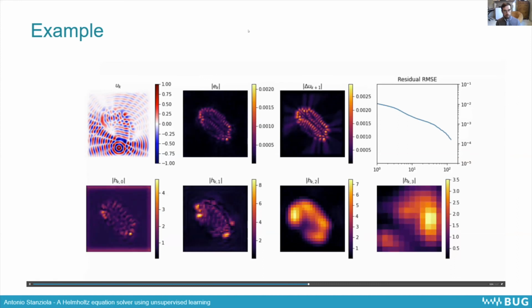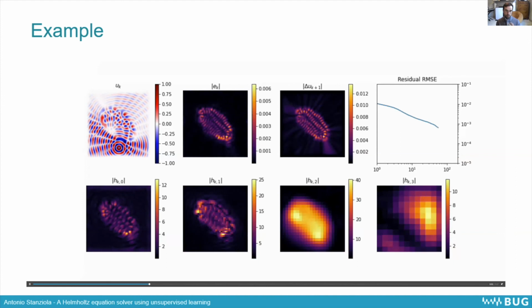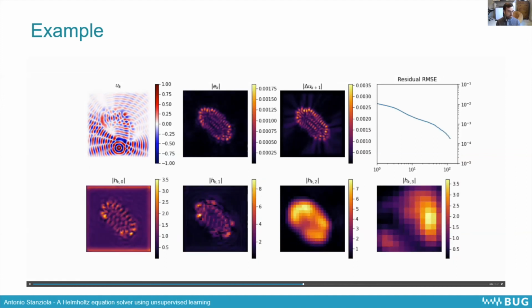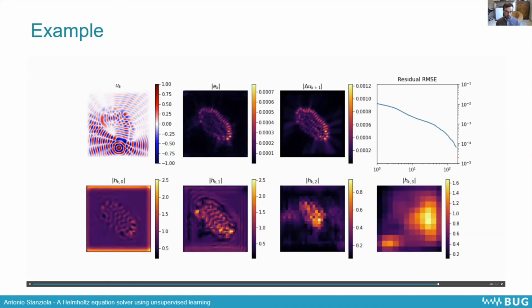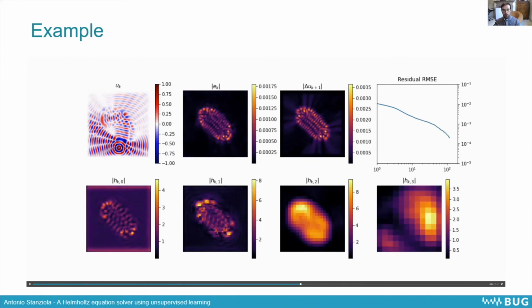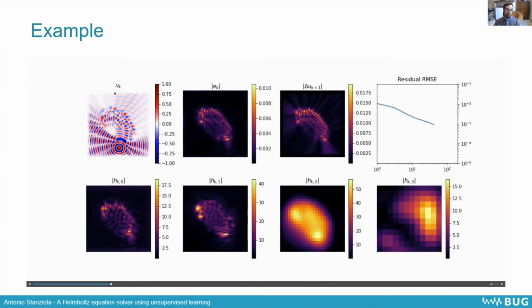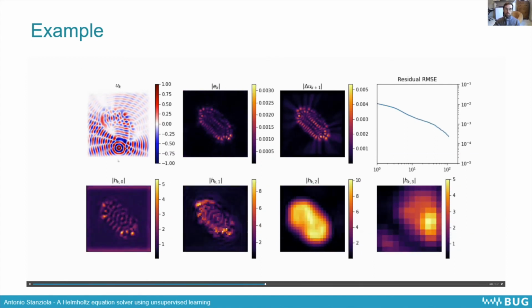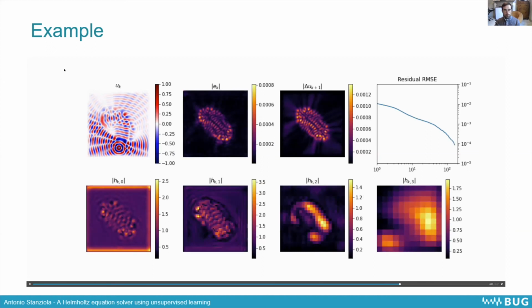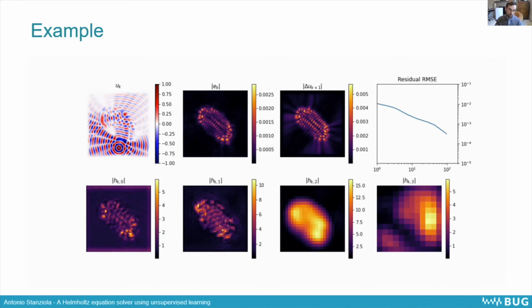And as you may see, it looks like the states have learned some form of meaningful representation of the optimization process. However, again, I'm not entirely sure what they mean. But if we look at the wave field estimate here, we can see that it converges fairly fast. So yeah, that's as much as we can understand of what's going on in the neural network.